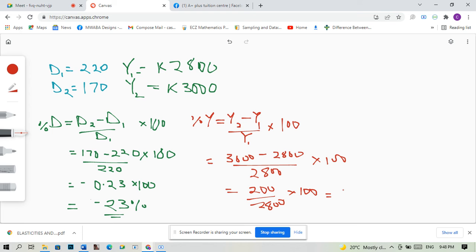We're going to get 7%. So his income has increased by 7%.